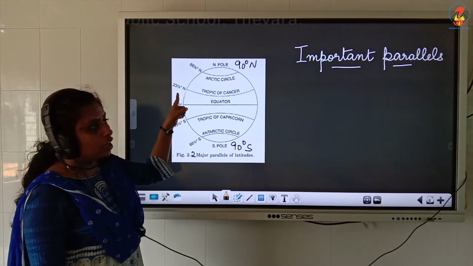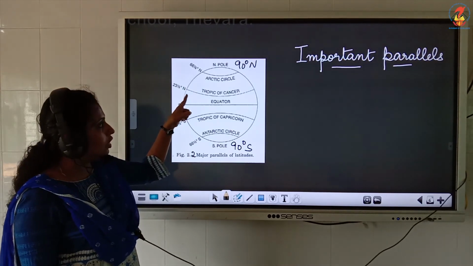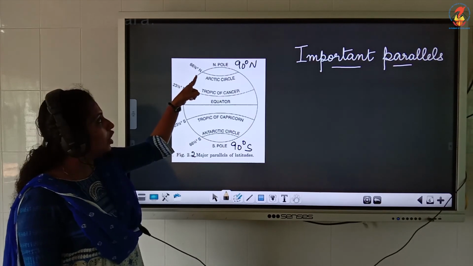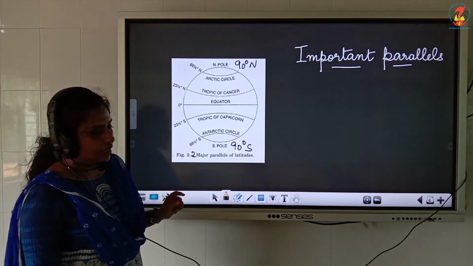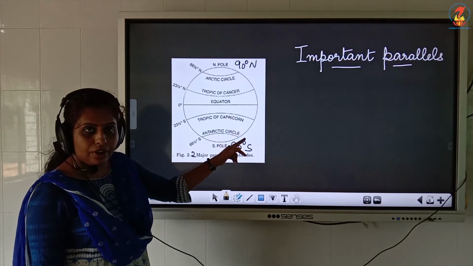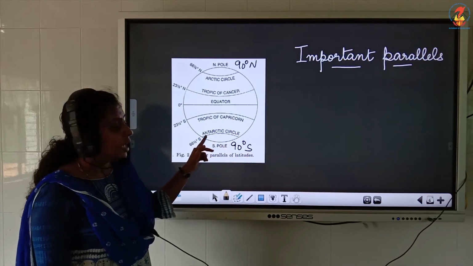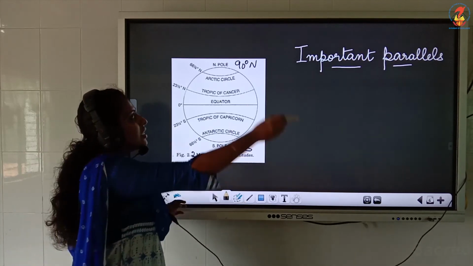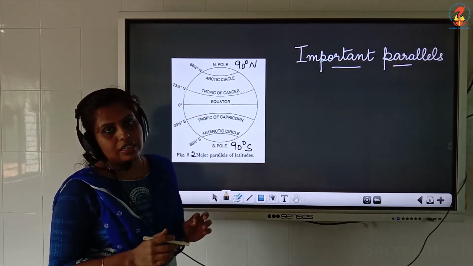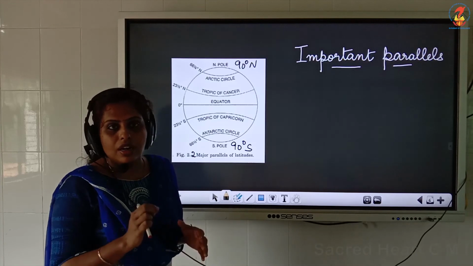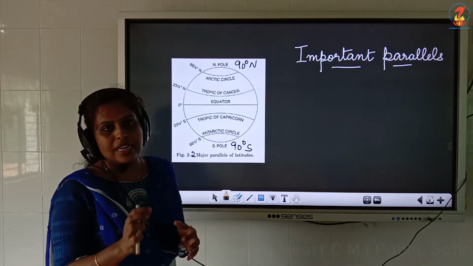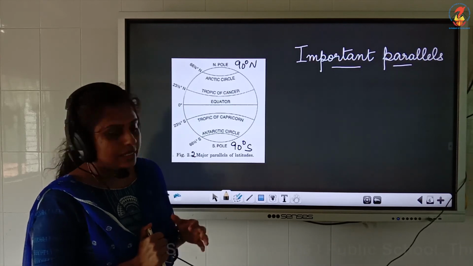It has a value of 23.5 degree north in Tropic of Cancer and 66.5 degree north in the Arctic Circle. We have Tropic of Capricorn and Antarctic Circle in the southern hemisphere. So these are the important parallels of the Earth's surface. With these parallels you can easily locate a place.